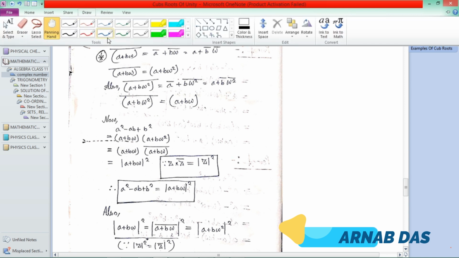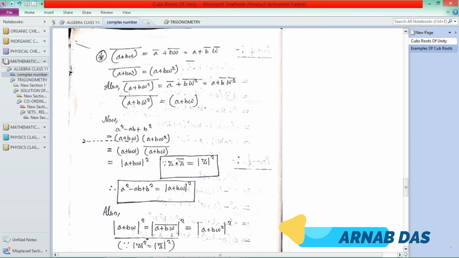Here you can also see that the bar of a plus b is a plus b bar, and omega bar is equal to omega squared.